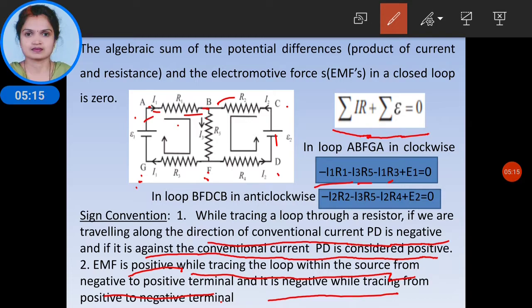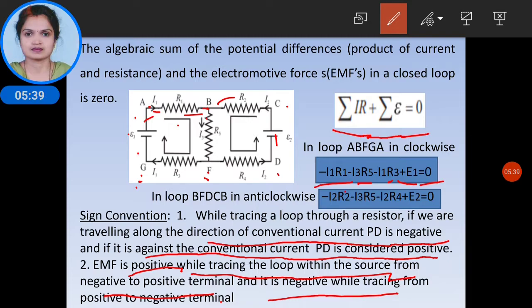Now in the branch G to A, we are going from negative to positive terminal, so it must be considered positive. So it is coming as plus E1. So the equation will become minus I1 R1 minus I3 R5 minus I1 R3 plus E1 equal to 0. This is the equation for the loop A, B, F, G and A.